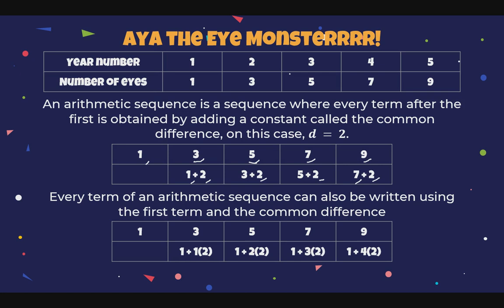For the second term, we added 1 common difference, which is 2, to 1, the first term. So take note of that. The first term added to 3 common differences will make the fourth term. And to get the fifth term, we added 4 common differences to the first term.